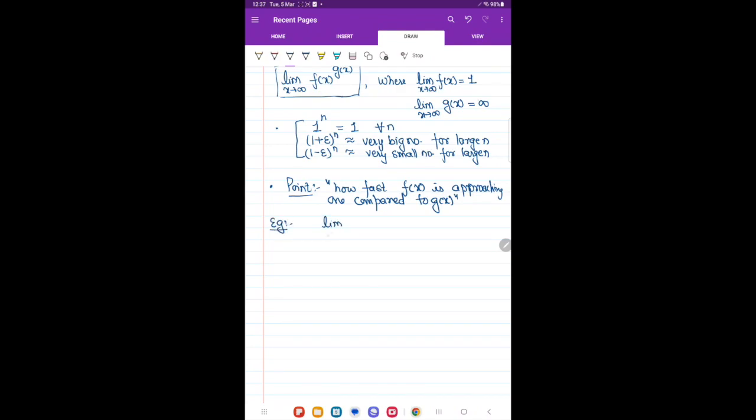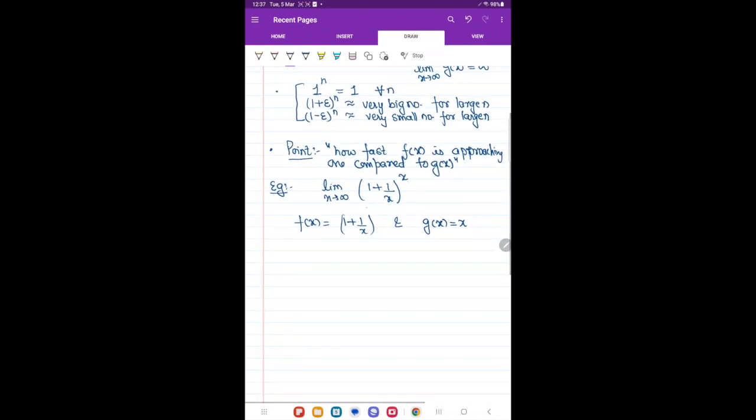Limit x tends to infinity, 1 plus 1 over x raised to power x. Here clearly f of x is 1 plus 1 over x, which is going to 1 as x tends to infinity, and here g of x is x, which is going to infinity, right? Now I'm not teaching you here how to solve the limits.